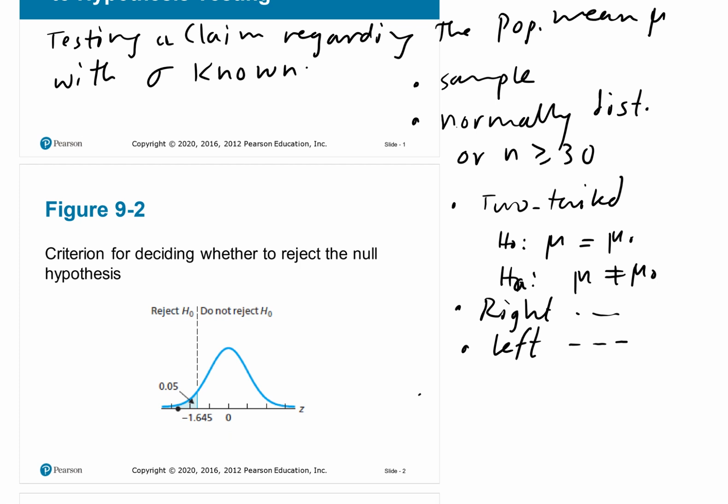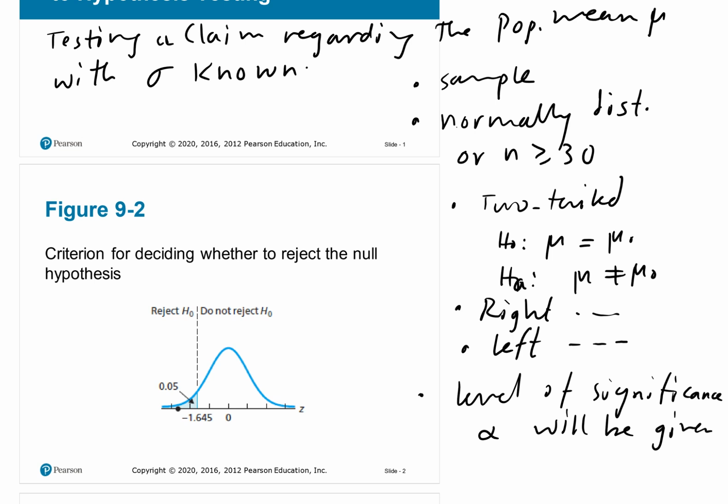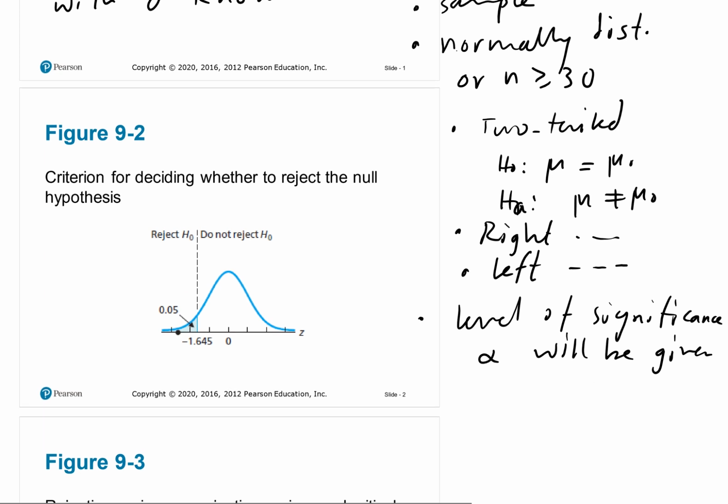With this, we are going to have what we call the level of significance, alpha, because we're going to be using it. We only introduced it in the previous section. Alpha will be given to us based on the seriousness of making a type 1 error. That's what this was for.